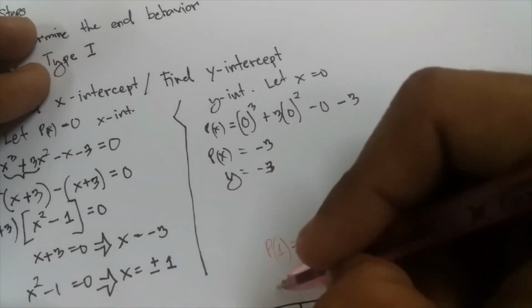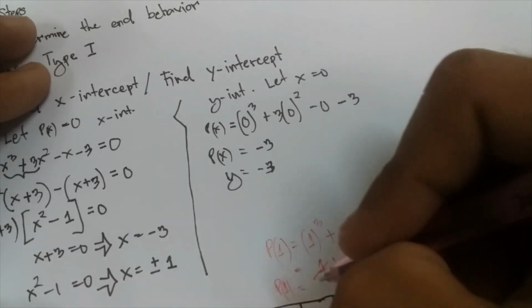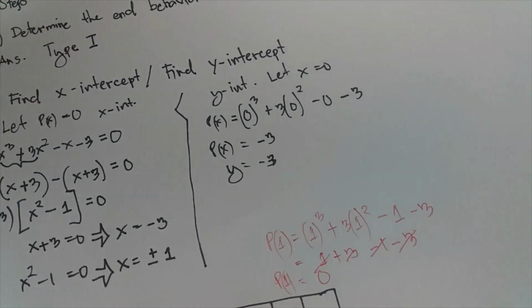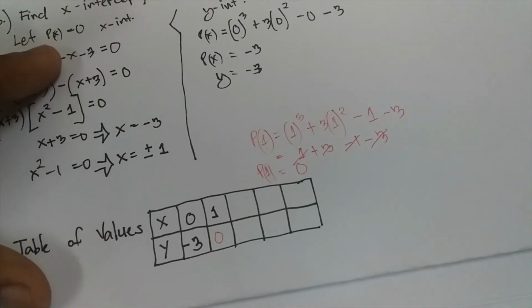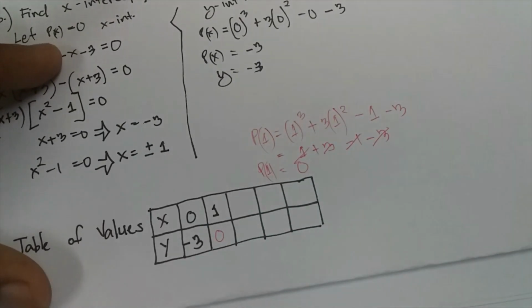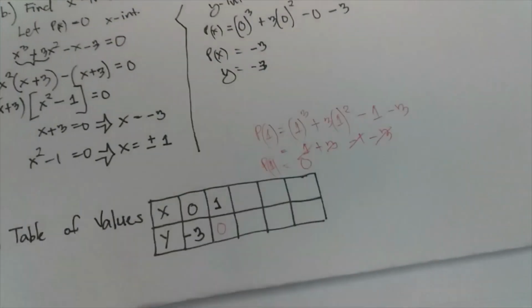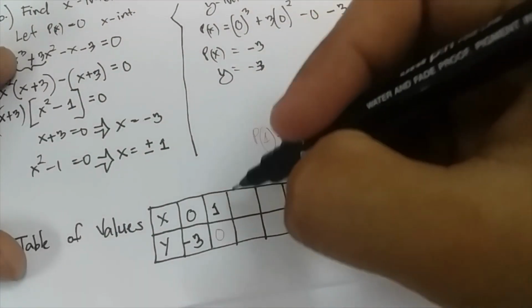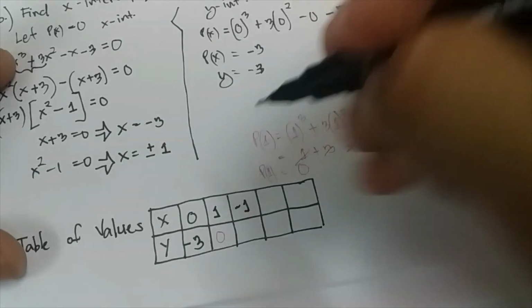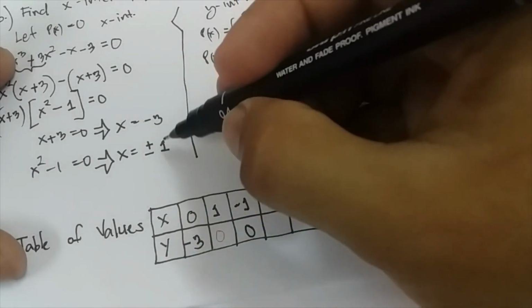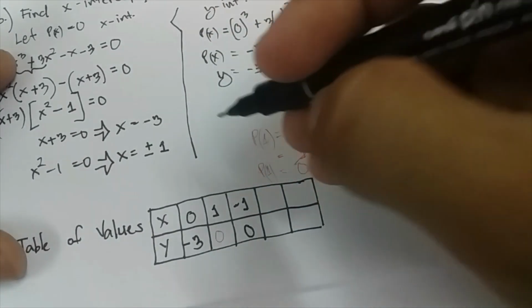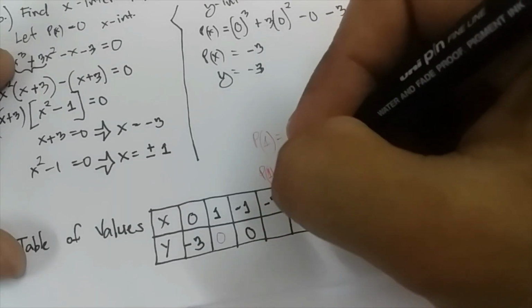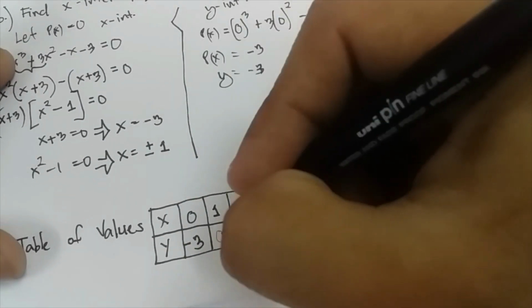So it follows that p of 1 is equal to 0. The next, when x is equal to negative 1, it is also 0 from the given here. Then when x is equal to negative 3, that is still equal to 0.